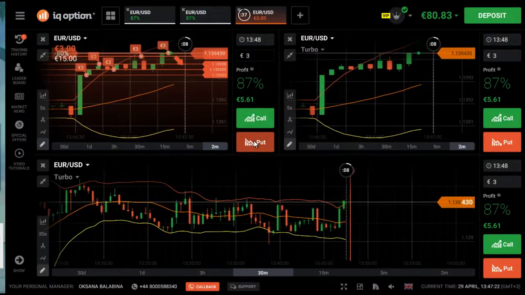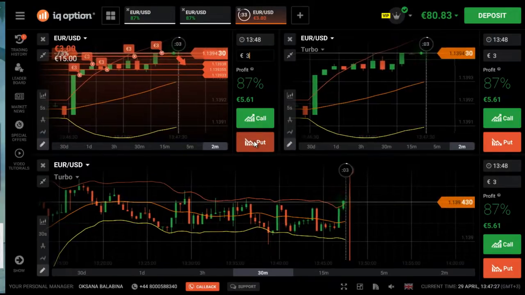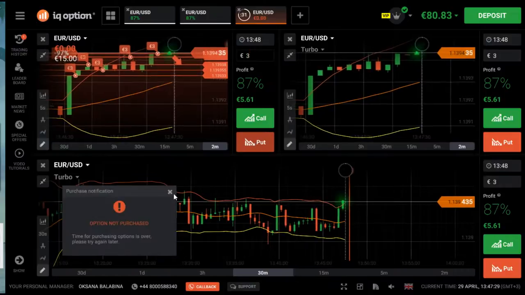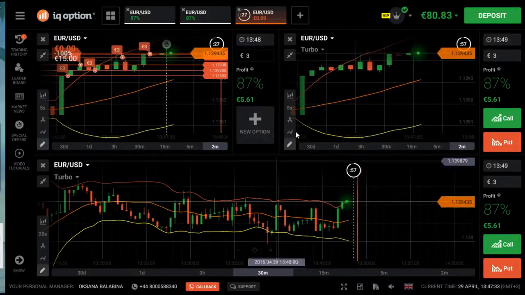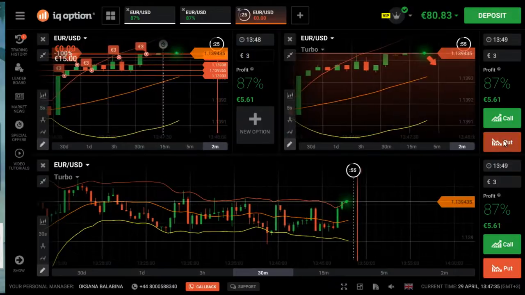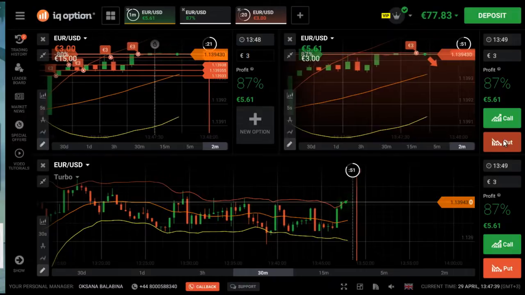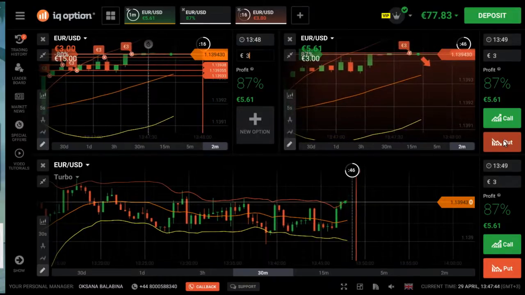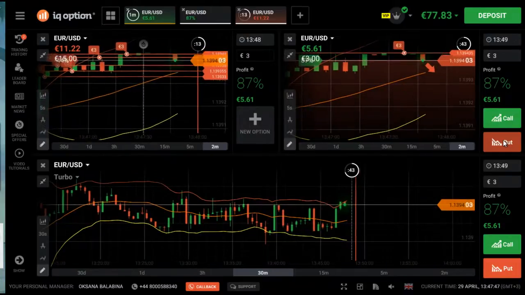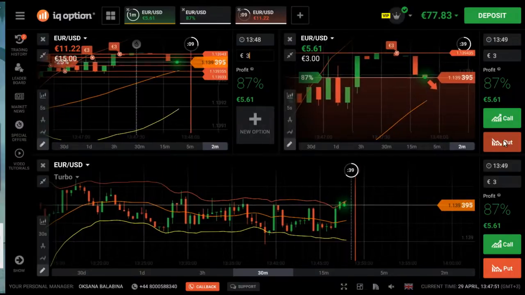Sometimes in the middle of the Bollinger Band, and sometimes already penetrated the Bollinger Band or approaching the Bollinger Band on 30 seconds, and the candle behaves differently, and that's very important. For example, right now my left top is losing for the reversal because the candle was still growing upwards.